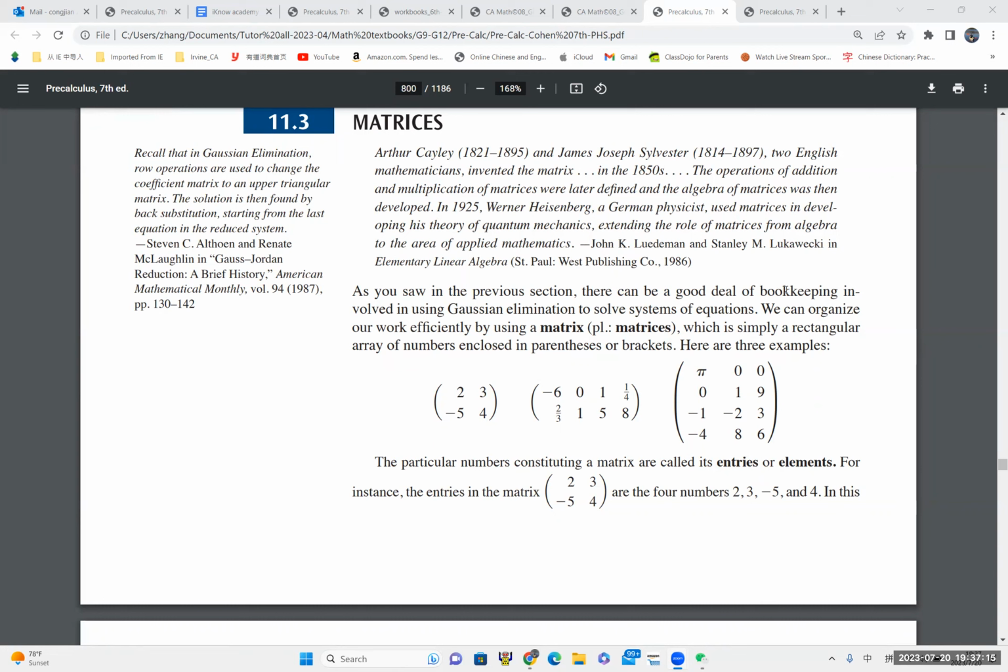There can be a good deal of bookkeeping involved in using equations. We can organize our work efficiently by using a matrix, which is simply a rectangular array of numbers enclosed in parentheses or brackets. Here are some examples.